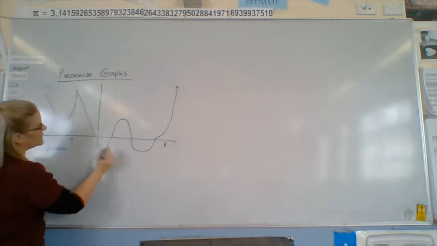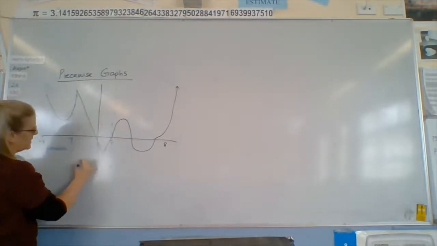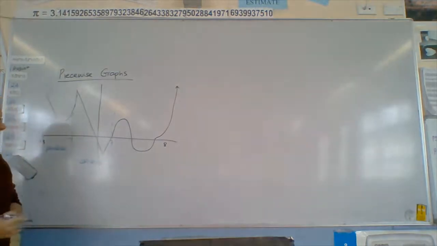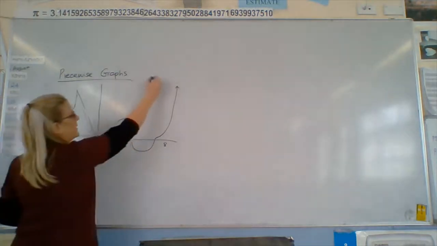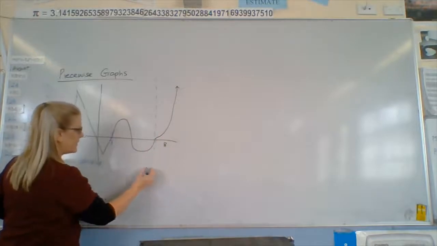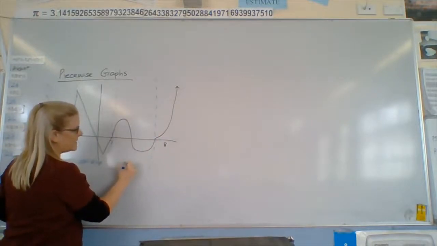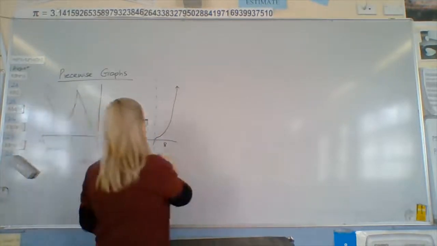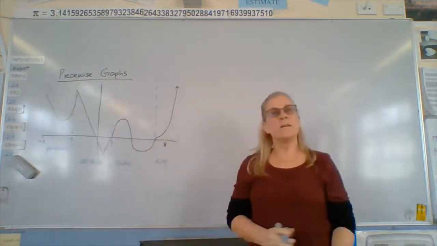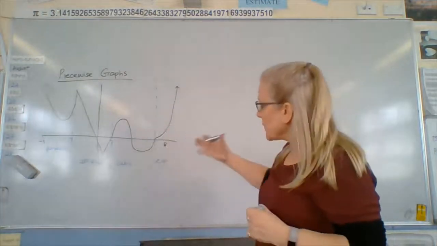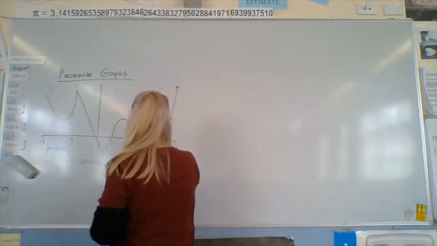So until we get to 2, we've got an absolute value. All right, next. Cubic. And last, an exponential.